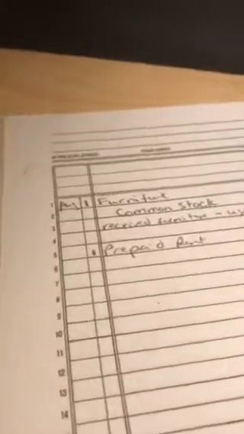We're going to debit prepaid rent. And that's for $4,400. And we used cash. And we're going to put $4,400 over on the credit side. And this is paid 4 months rent.